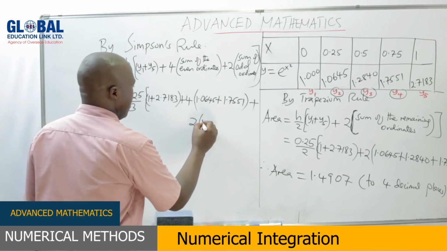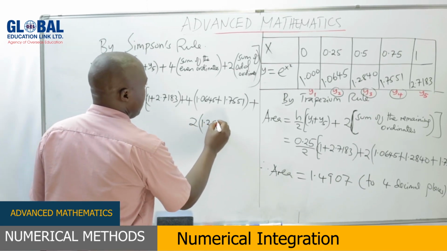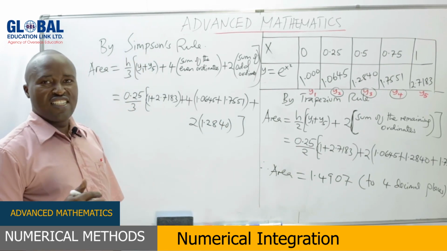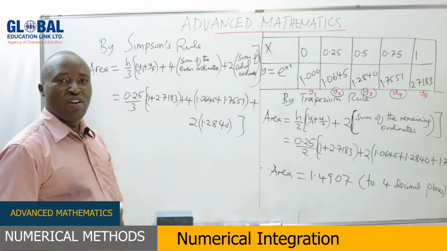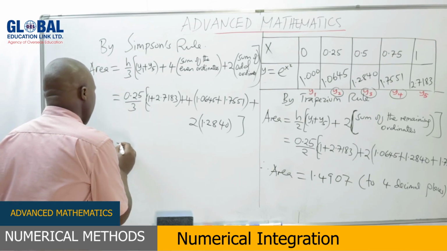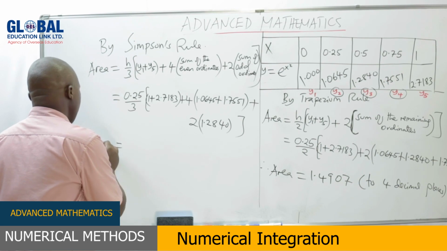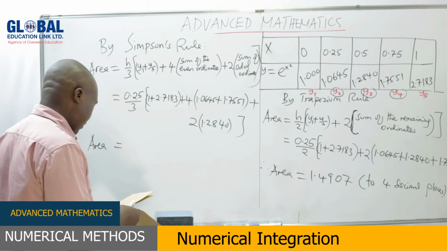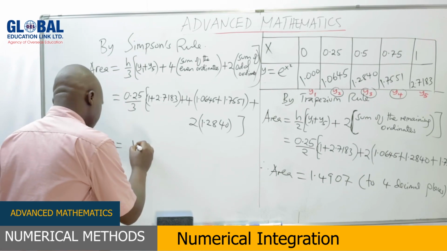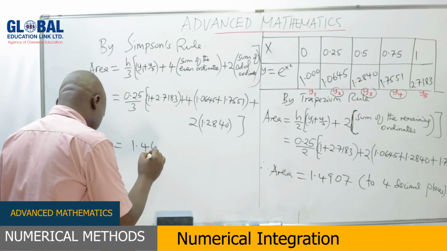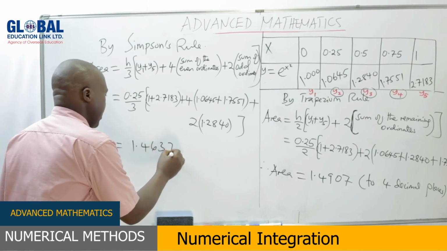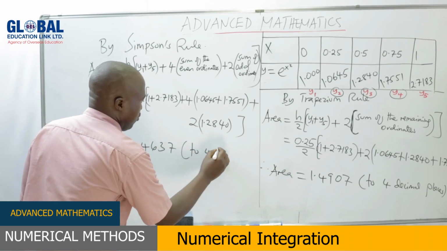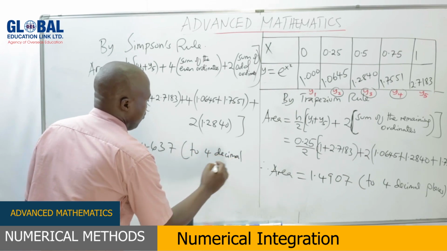So y3 is 1.2840. So in this case, again, you just take your calculator and compute what is here. I'm sure you are going to get the following answer, which is 1.4637. That is to 4 decimal places.